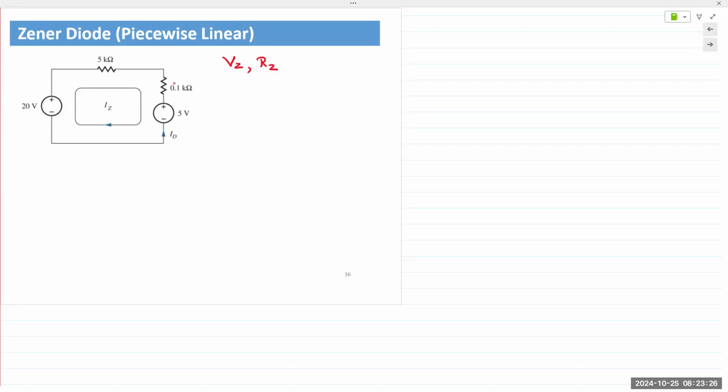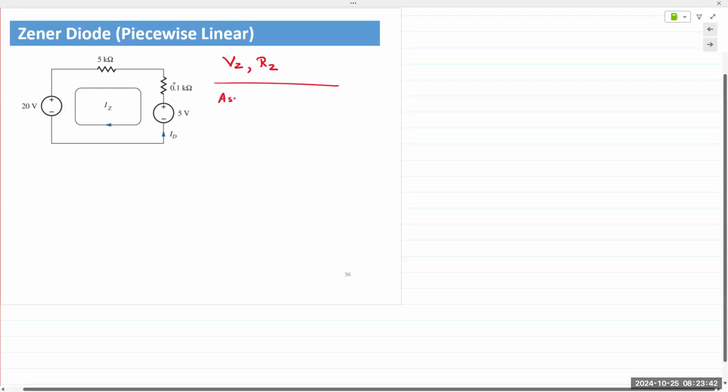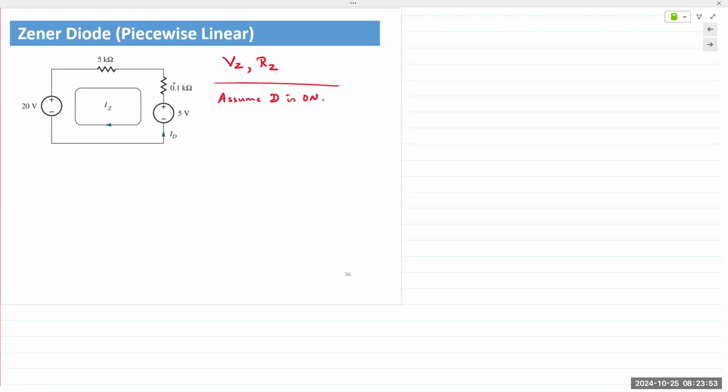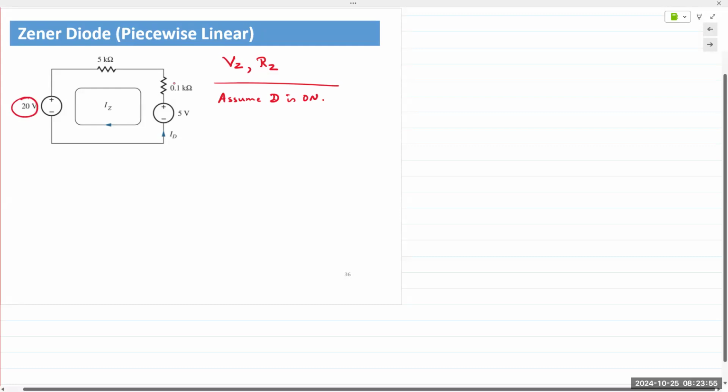All right. So in the piecewise linear model, first make an assumption. The assumption, of course, is whether the diode is on or not, meaning whether it's working in the reverse region or not. In this case, if we assume that the diode is on, logically it would make sense because our input voltage is larger than the Zener voltage.